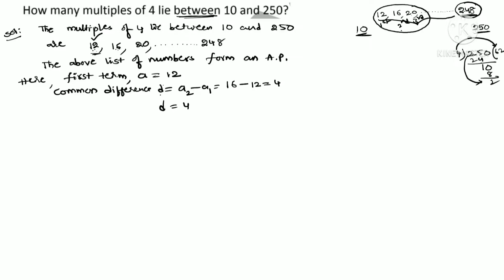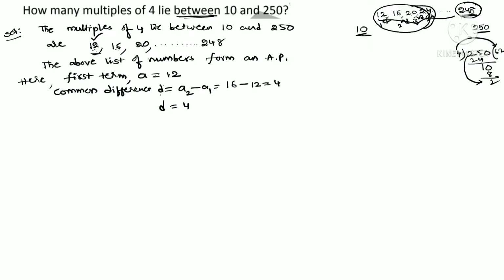So if you take 24 also extra, how many numbers are there? 12, 16, 20, 24, if you select, how many numbers are there? 4. That means from 12 to 24, 4 terms are there.